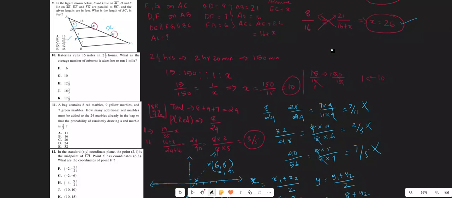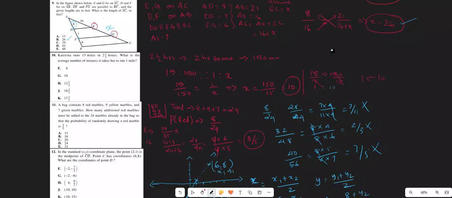Otherwise, this is a simple arithmetic problem. 15 miles takes 150 minutes. So for 1 mile, how can we make this 15 to 1? Divide both sides by 15. So 15 by 15 is 1. So this is 1 mile now. So 150 by 15, that is 10.